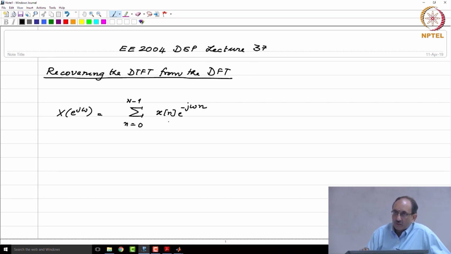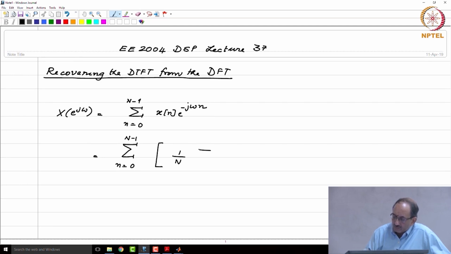Right now you do not see the samples of the DTFT, namely you do not see capital X(k) in this, and to get X(k) into the picture you need to replace x(n) by its inverse DFT.